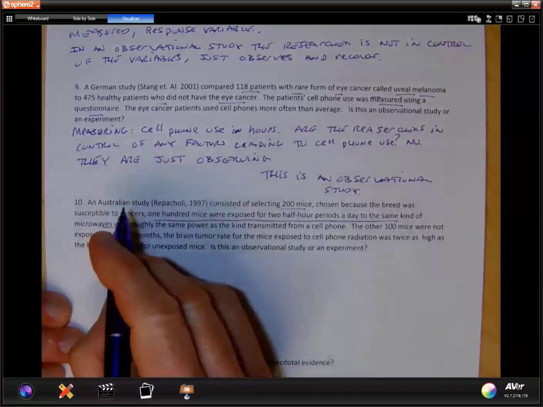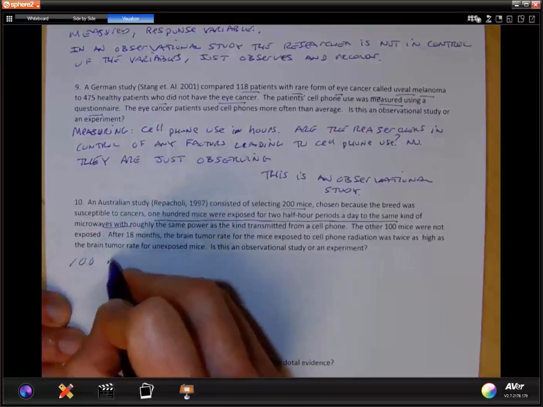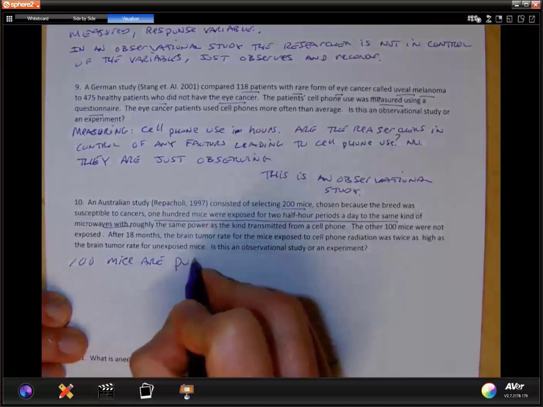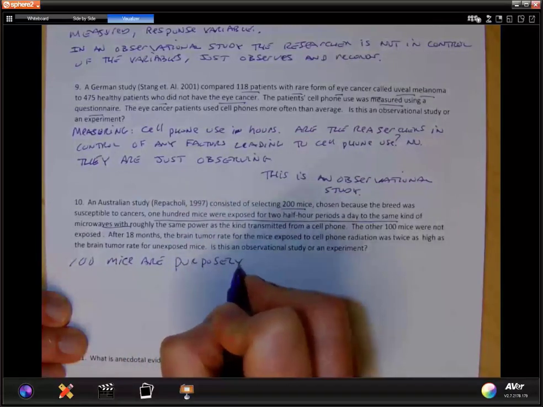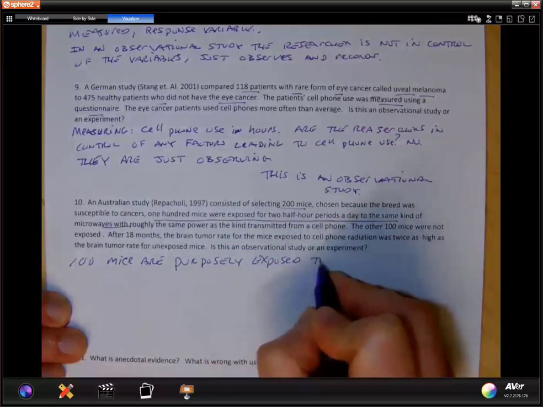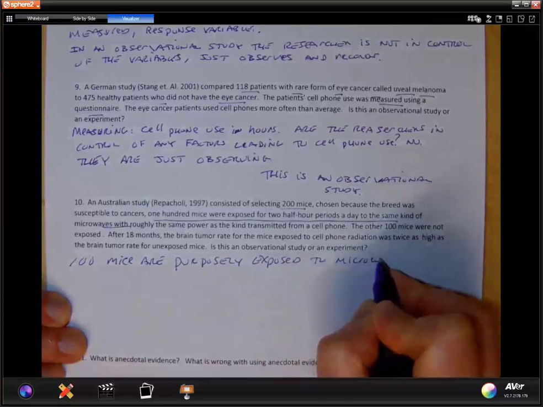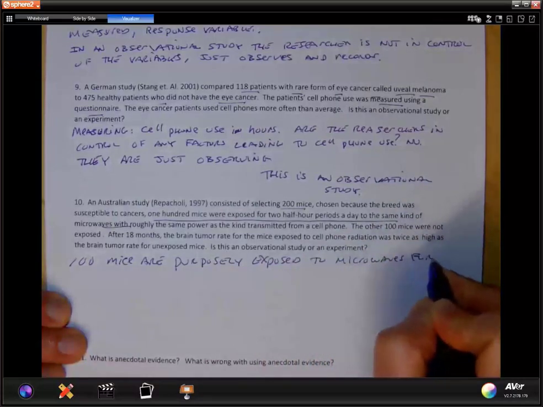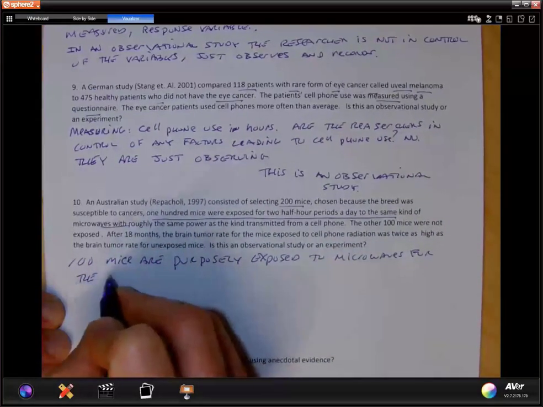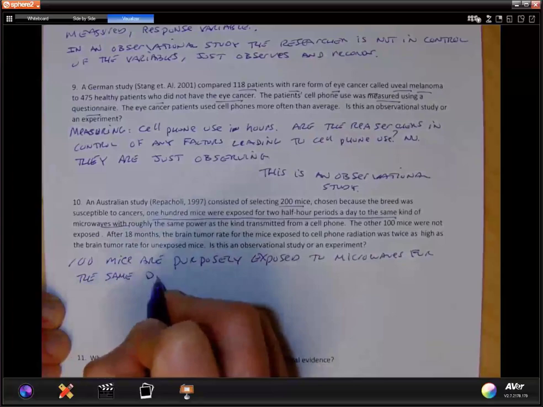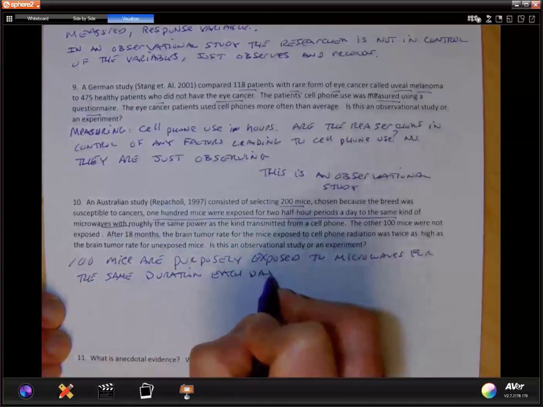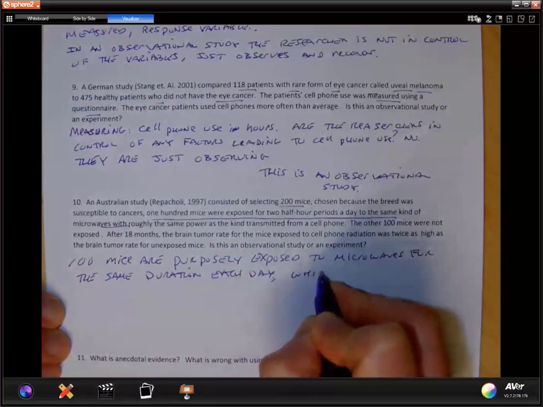So I think 100 mice are purposely exposed to microwaves for the same duration each day, while the other 100 mice are not.